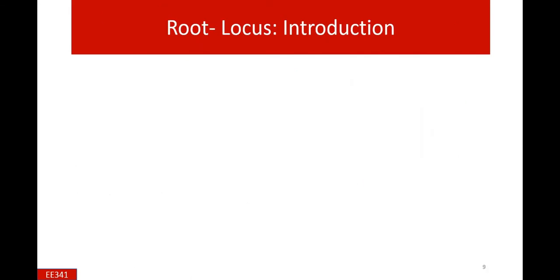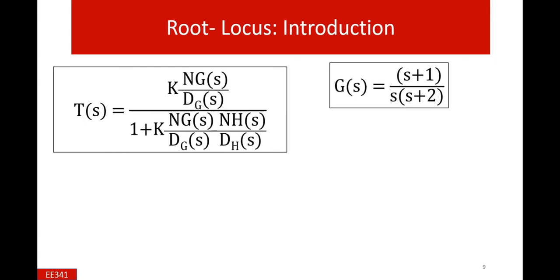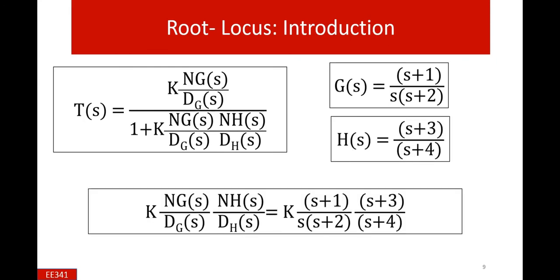As a quick review from the last lecture, G is given and H is given, so we can find the open loop transfer function like this one, and we will try to analyze this relation in a format that helps us understand the root locus.